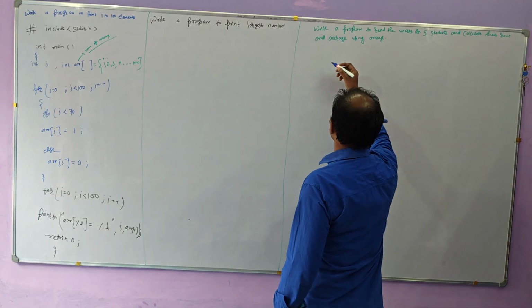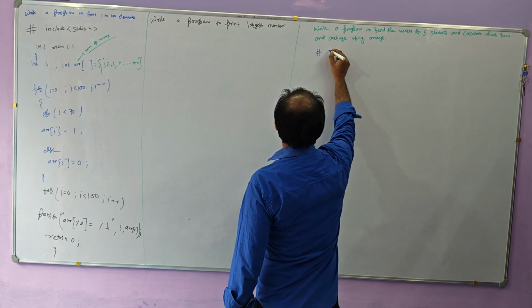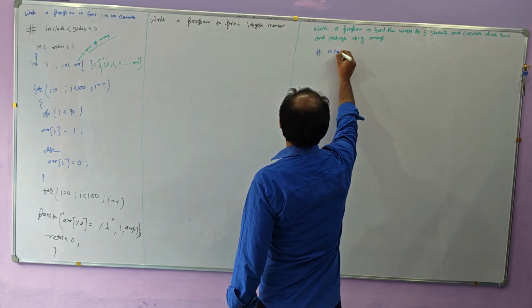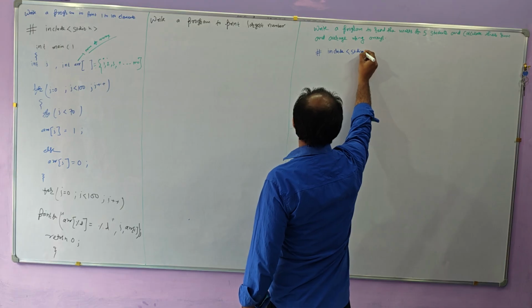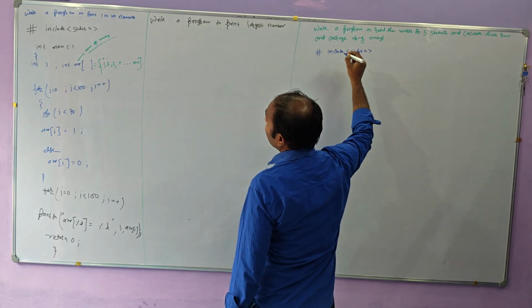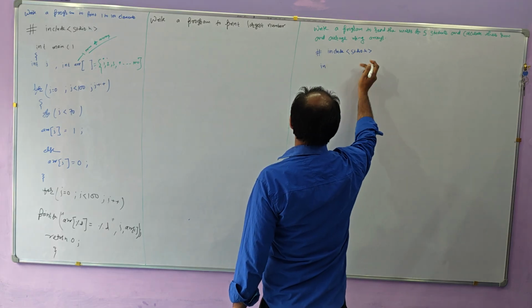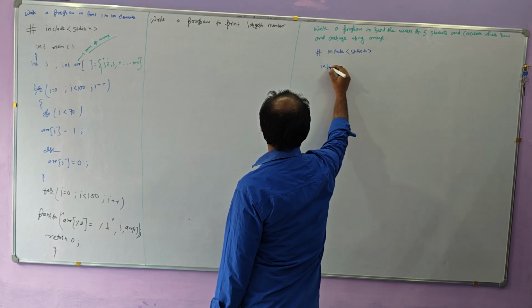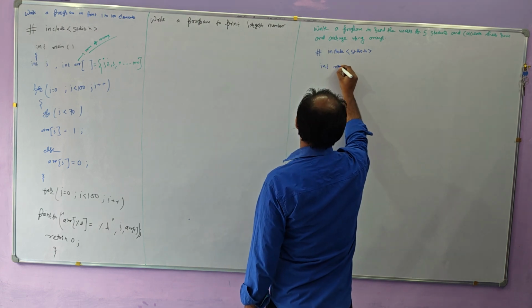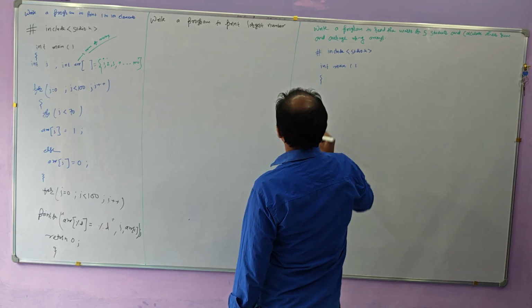Firstly, we mention the header file: #include <stdio.h>. Thereafter, #include <conio.h>. In some compilers, we need to mention conio.h. Then int main, and the beginning of the body.